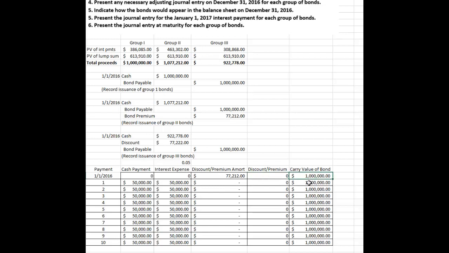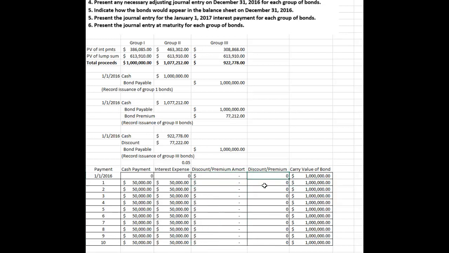Okay, so when we first issue the bond, we're not going to spread out any of the premium. And the carrying value now changes. It's not just the face value. It's going to be the face value plus the premium. And I actually have this backwards. This column is supposed to indicate how much of the premium or discount we've spread out, which is 0.